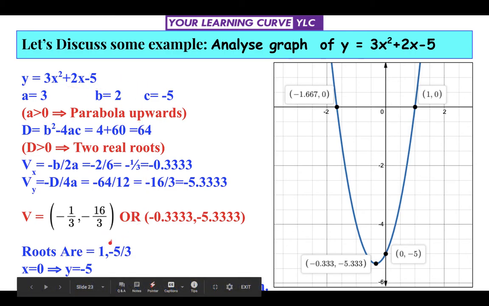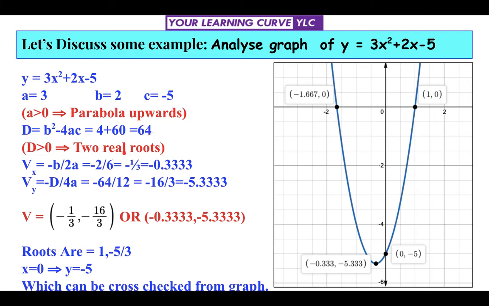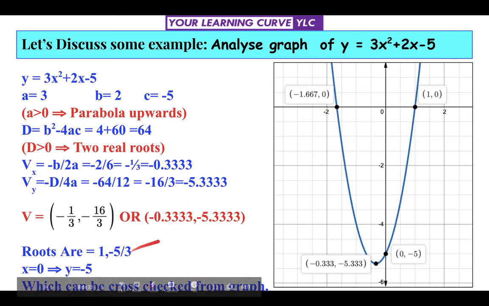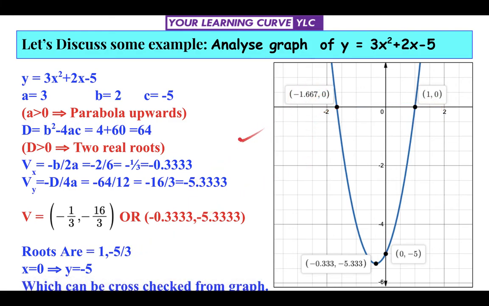You will get x is equal to 1 and minus 5 by 3, means one point will be x is equal to 1 comma 0, where the graph cuts the x-axis, and the other will be minus 5 by 3 comma 0. The 2 points are 1 comma 0 and minus 5 by 3 comma 0.